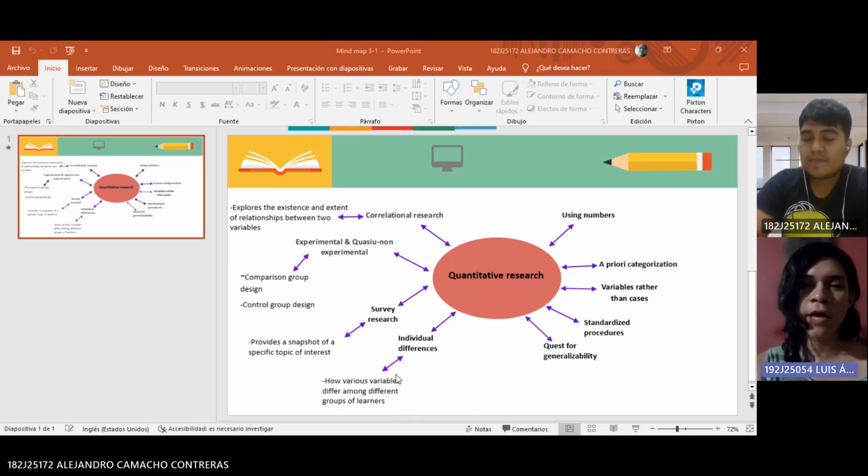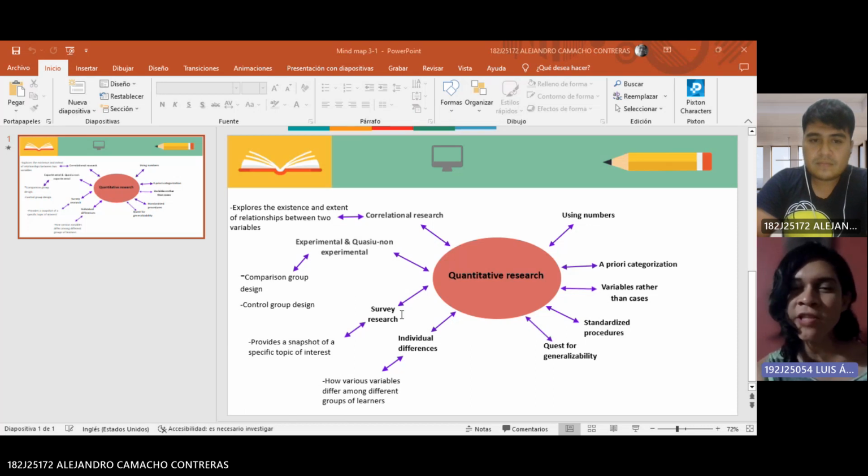Of course, the next one is survey research, and the traditional definition of survey research is a quantitative method for collecting information from a pool of respondents by asking multiple survey questions.